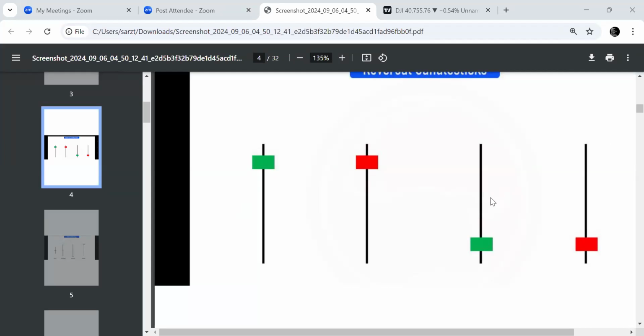Similarly, if the wick is high on top and less on the bottom, it indicates bearishness. If the candlestick forms when the price moves upside, it is a shooting star, and if it forms when the price is falling, it is an inverted hammer. So these two indicate bullishness, and these two indicate bearishness.